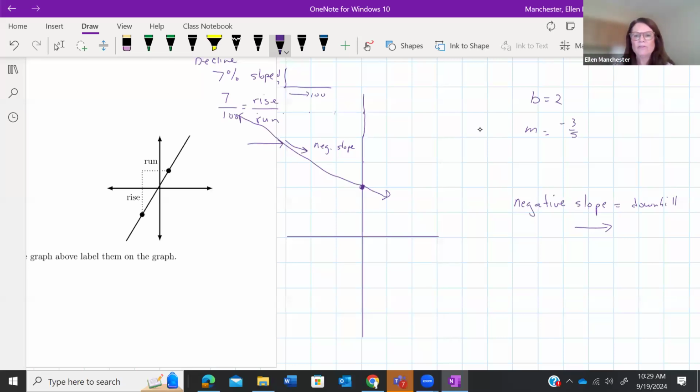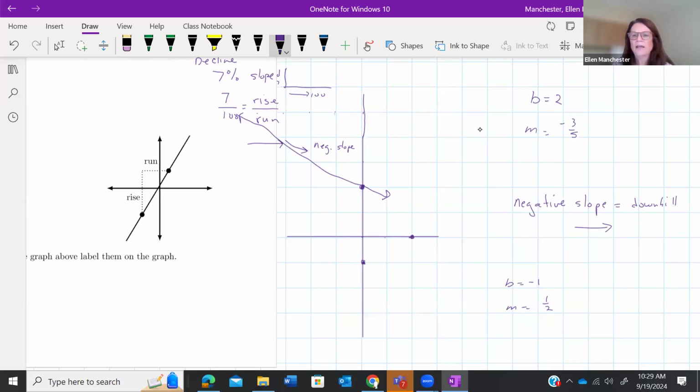If I have a positive slope, so let's say my y-intercept is -1 and my slope is 1/2, it would look like this. Here's my y-intercept. From here, I'm going to rise 1, and then I run to the positive 2 steps. Rise 1, run 2.